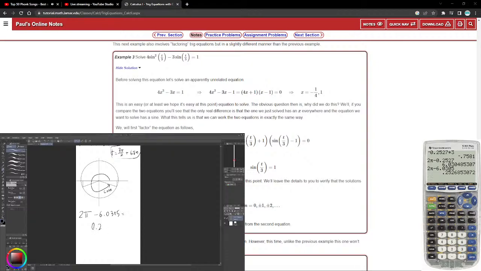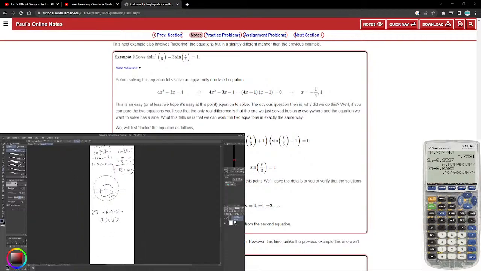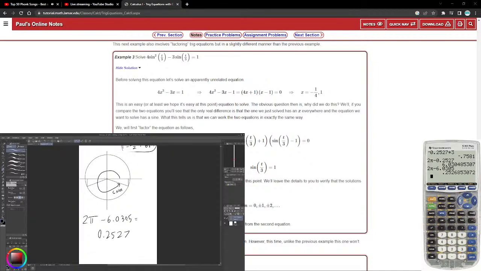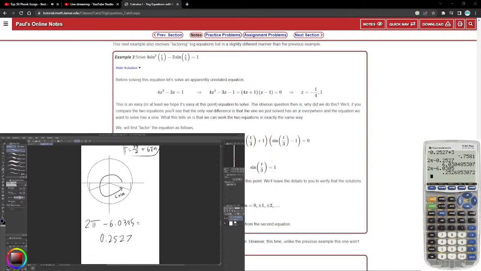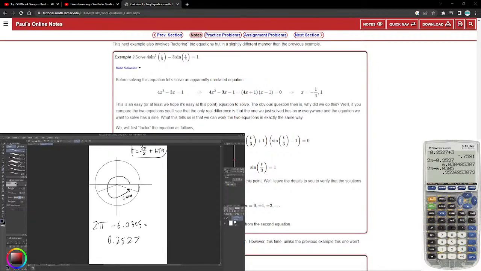So 0.2527. That's what this triangle thing is, that angle.